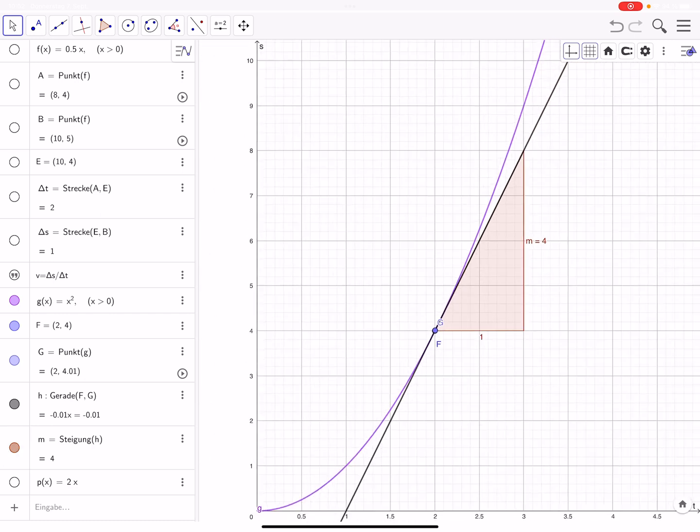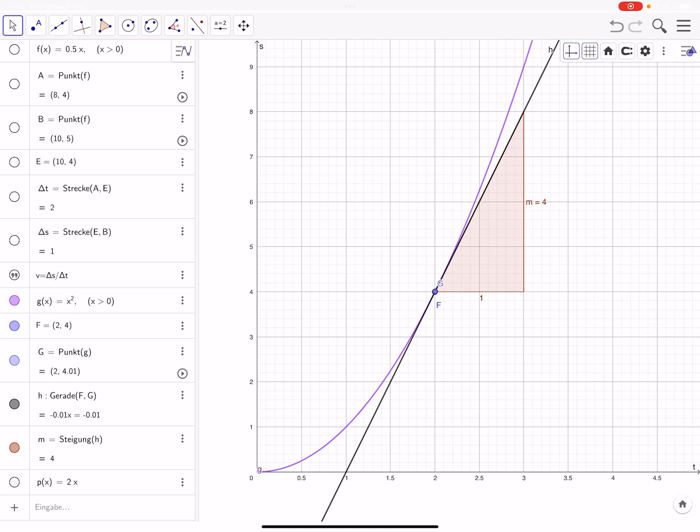Now we zoom out and we can see the case where G and F are at the same location. The black line would be a tangent line of this graph, indicating the gradient or the slope of the parabola at this point.